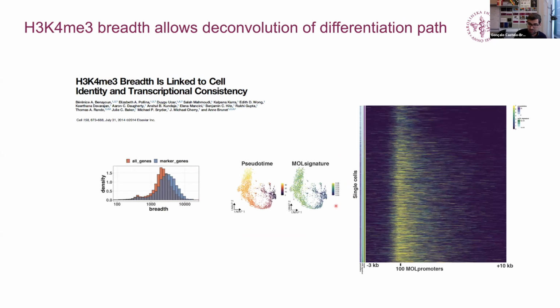So Marek did the pseudo-time of the oligodendrocyte lineage from OPCs to mature oligodendrocytes, ordered these cells, and looked at the breadth in the mature oligodendrocyte promoters. He could see an increase in the breadth of H3K4 methylation from OPCs into mature oligodendrocytes, as had been suggested in Anne Brunet's paper.